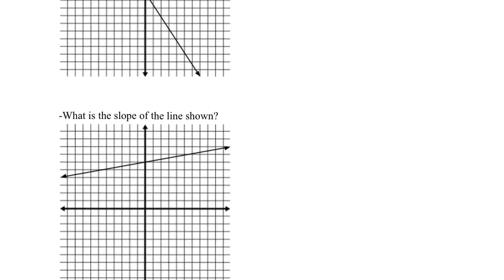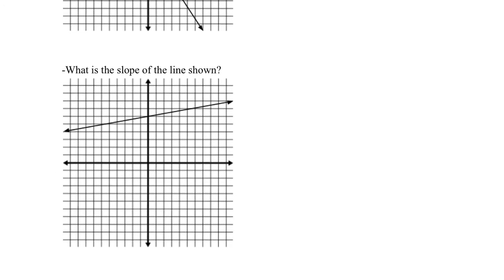Let's look at another one. First step, choose 2 points. So I've got a nice point right here, and then I've got another nice point. I'm going to choose this one right here. Okay, so start at the leftmost point. We want to read from left to right.